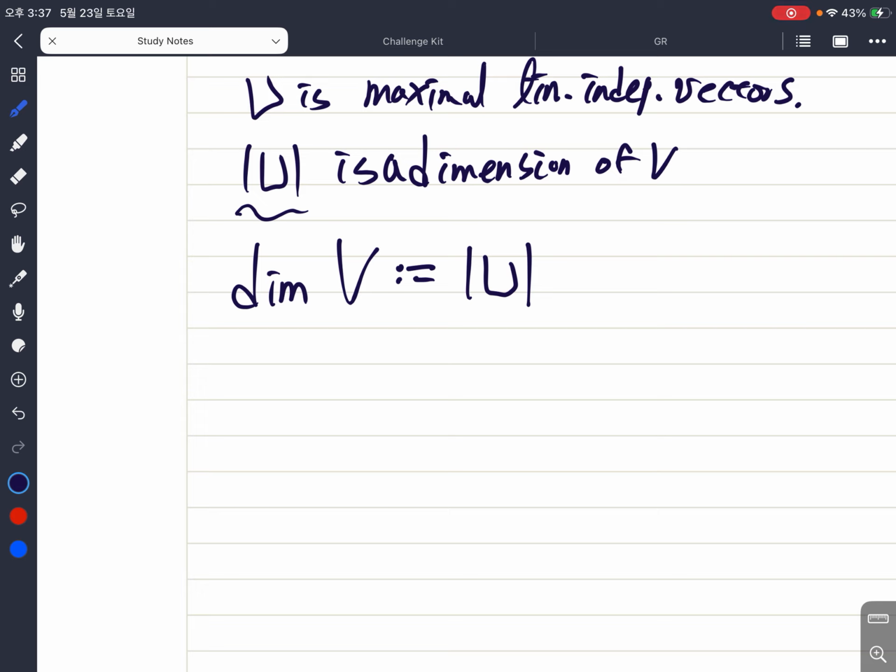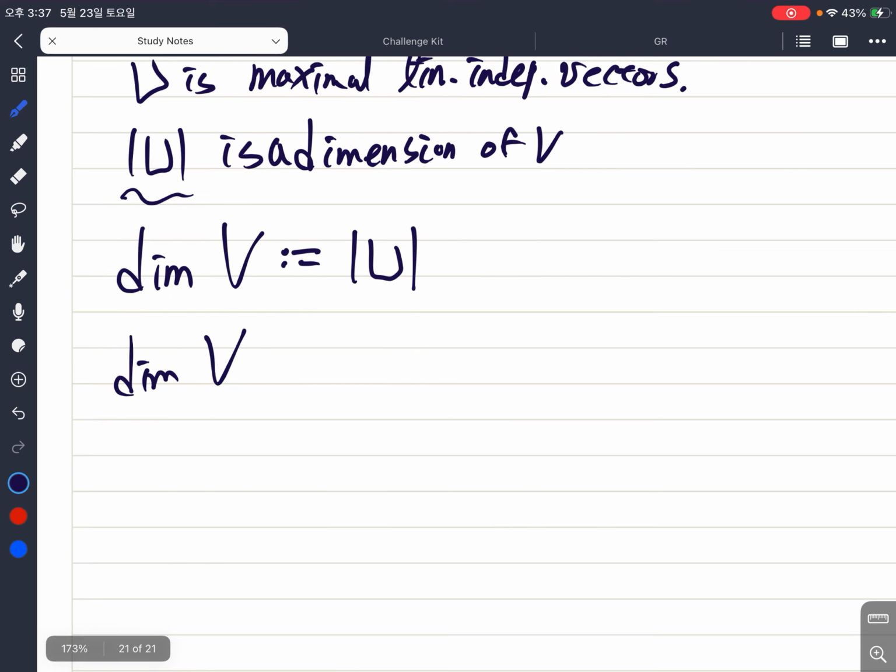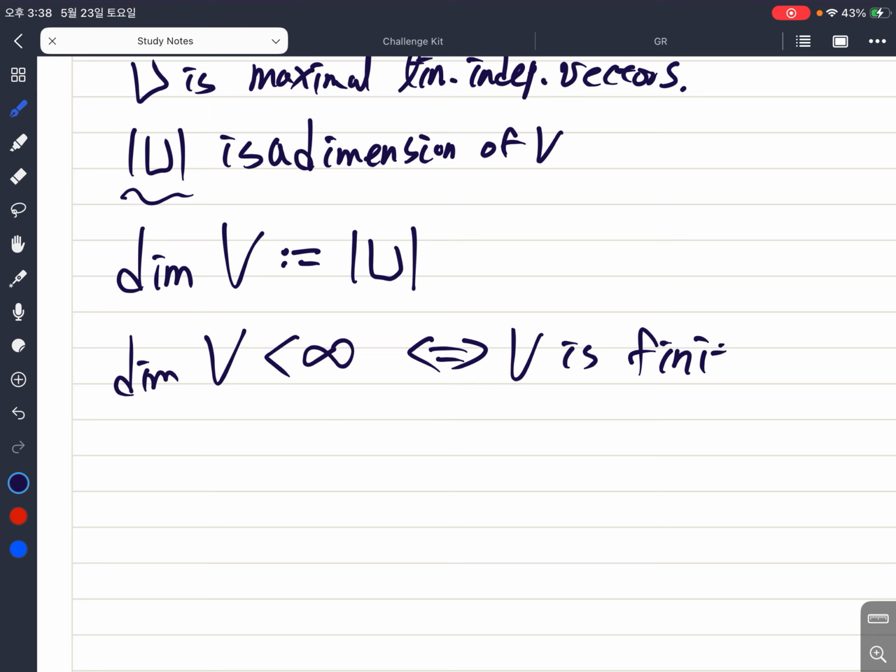Let me also explain another notation. Usually for a finite dimensional vector space, we write this notation.